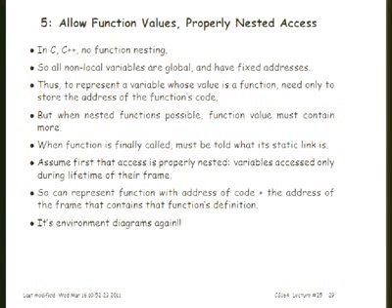Now, suppose, however, that we allow function nesting and we allow functions as values as well. Now all of a sudden things become complicated, because if you think back to the representation that we had before, you're passing an extra parameter to each function, namely the static link to this function.